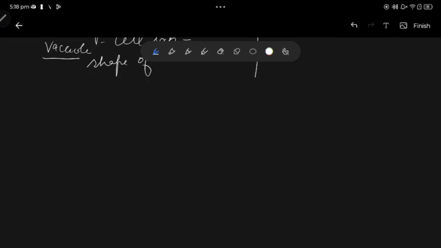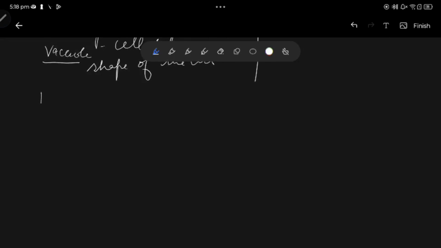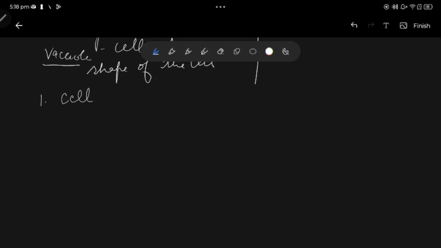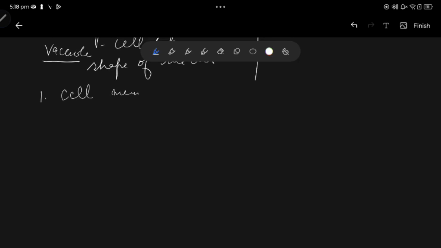Let's revise. Cell is the basic unit of life. It has a cell membrane. What does a cell membrane do?